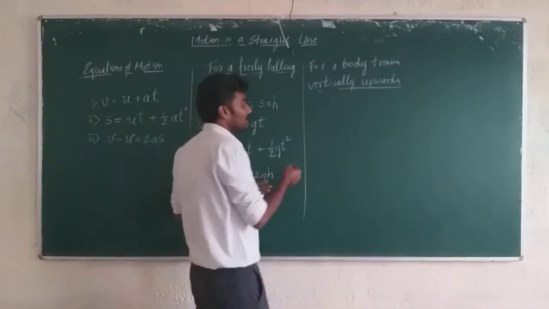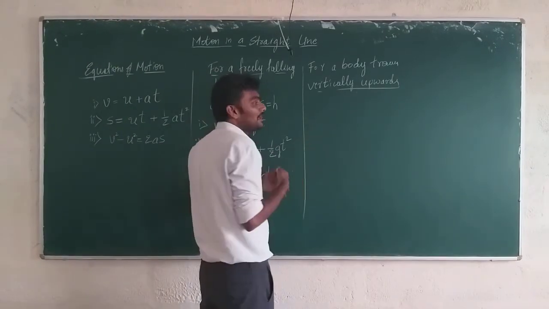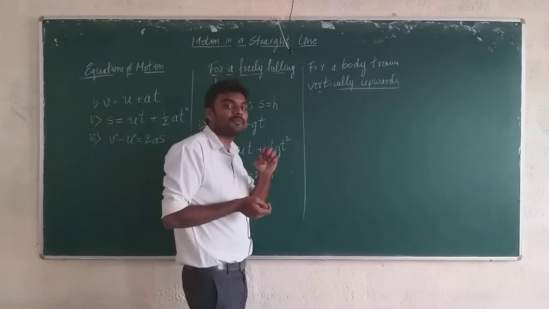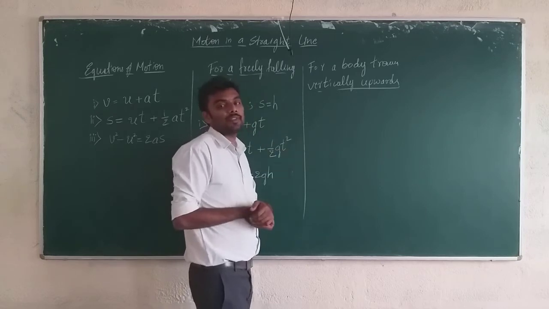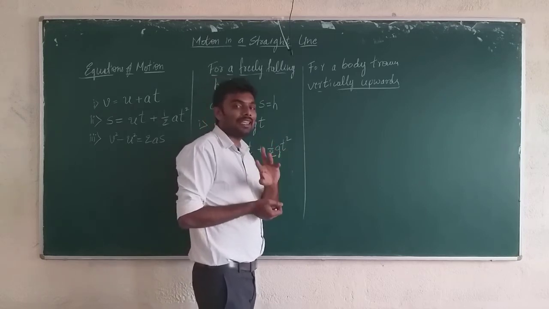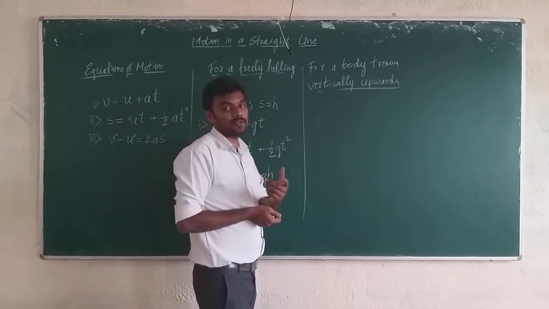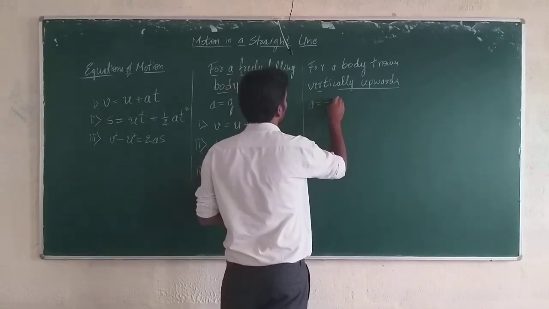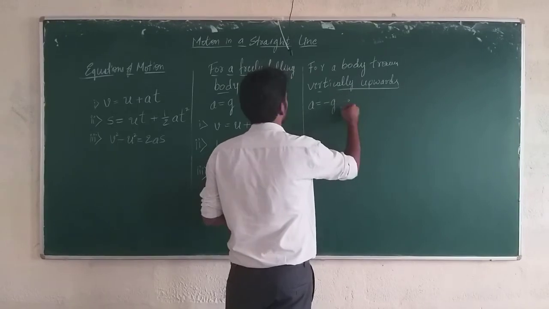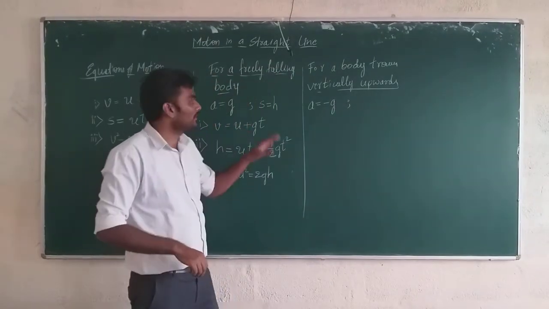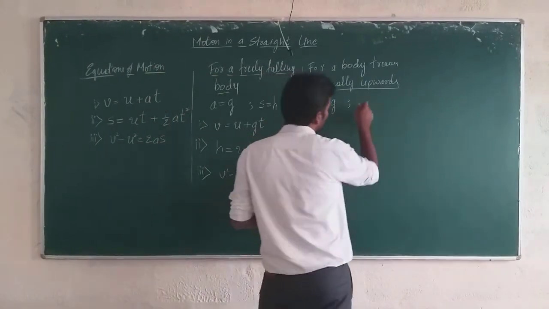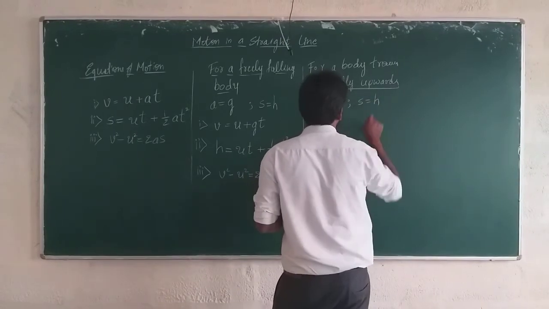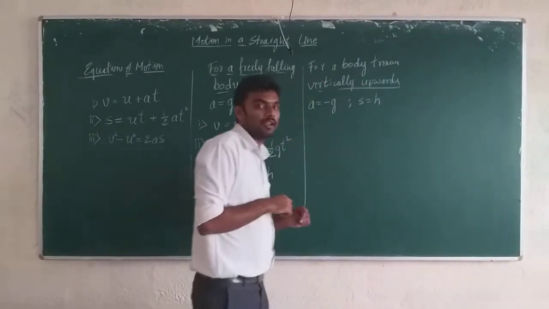So the deceleration is the same g, but this time opposite, because it is reducing the speed, and hence we will take a is equal to minus g, and the same s we will take as h. Clear with this?